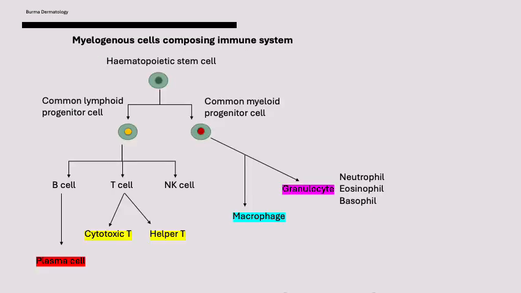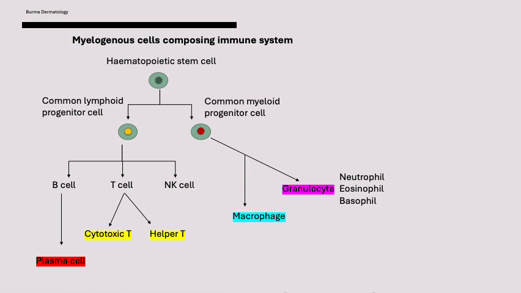This is an illustration of the myeloid cells composing the immune system. The hematopoietic stem cells are first differentiated into common lymphoid progenitor cells and common myeloid progenitor cells. The common lymphoid progenitor cells further differentiate into B cells, T cells, and natural killer cells.